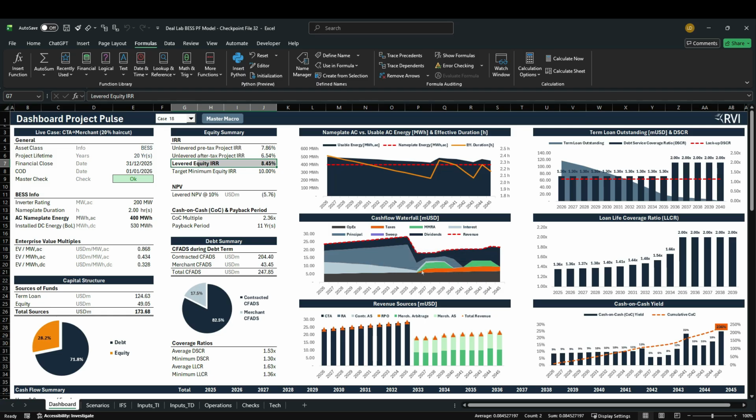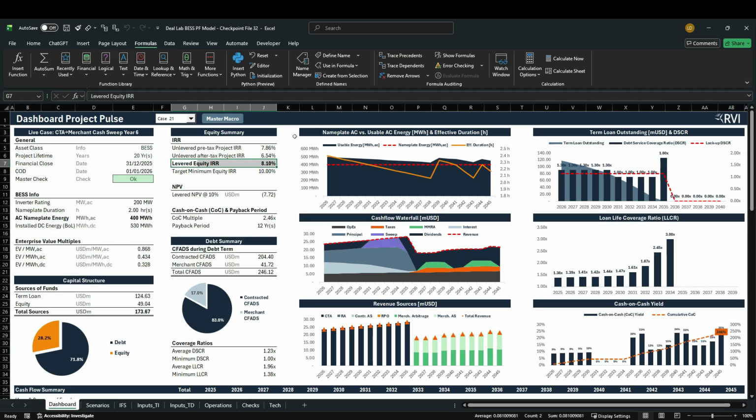Which means that lenders wouldn't rely as much on the merchant tail in case there wouldn't be a refinancing if we assume a 5-year mini-perm financing structure. So let's flip over to case 21, hit the master macro and see what happens. There we go. You can see how our sweep now ensures a much more accelerated repayment.